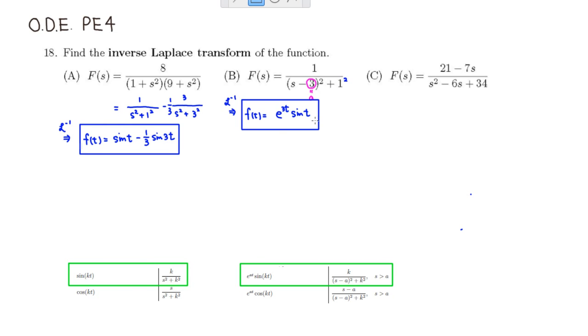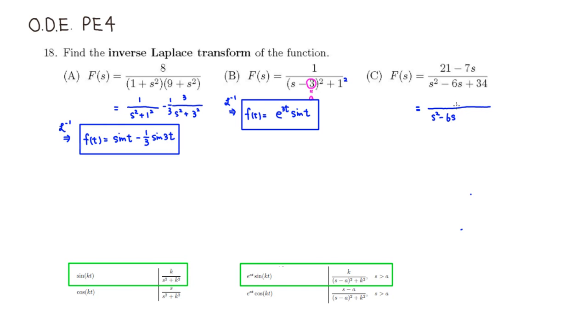Part C, we need to complete the square here. In the denominator, we have s squared minus 6s.